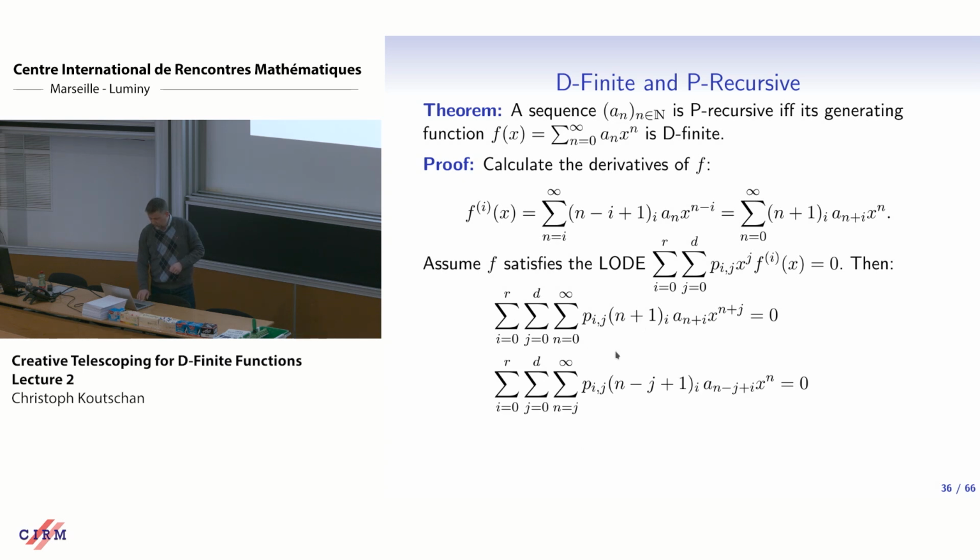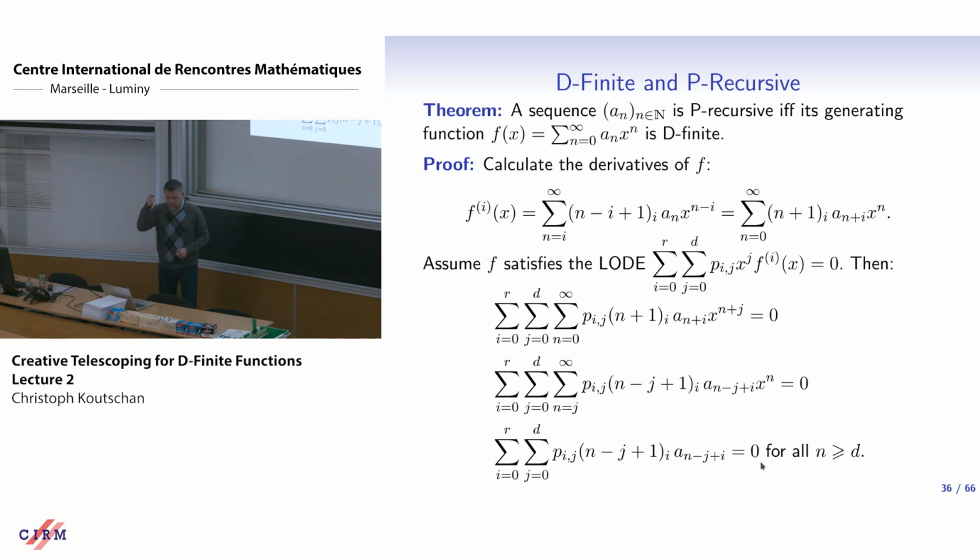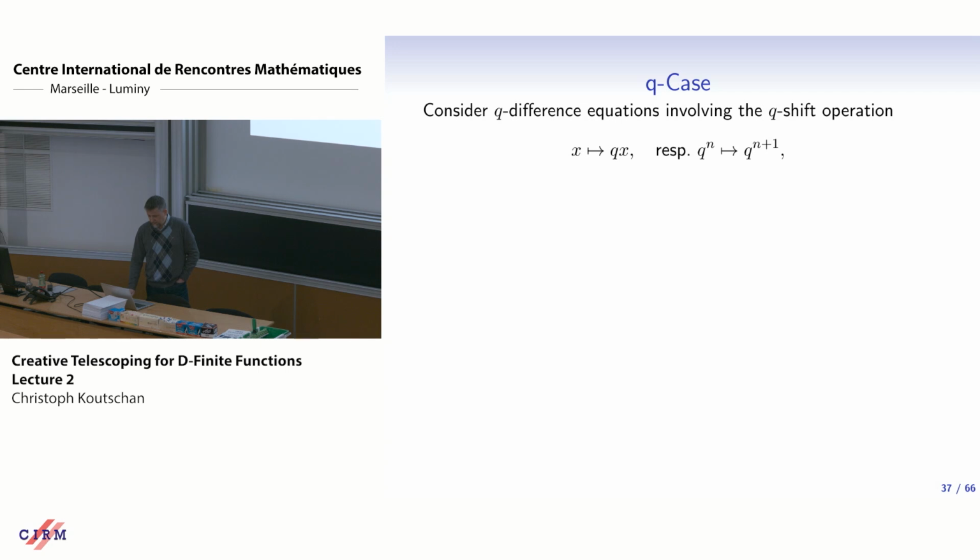Here again shifting this sum so that everywhere we have x to the n. And then putting things together. And we see this is nothing else but a recurrence equation for the coefficients, for the sequence members an. Okay, so this is very classical.